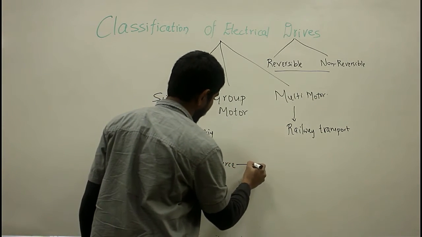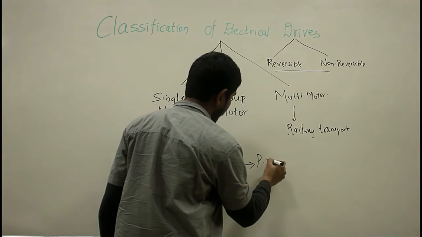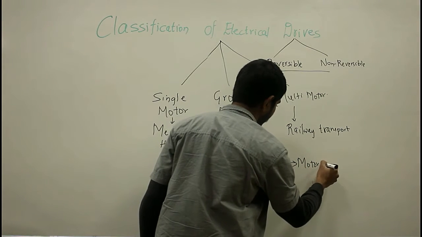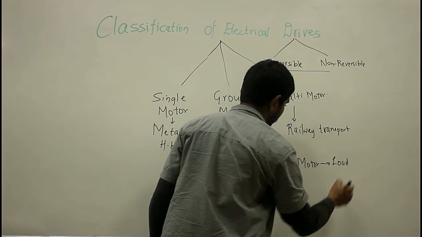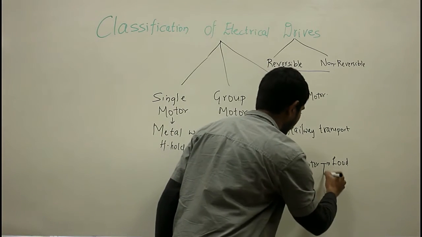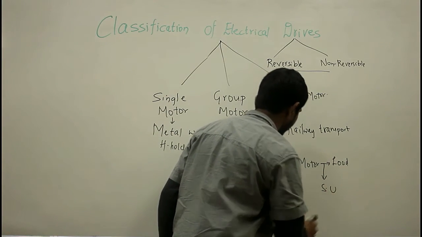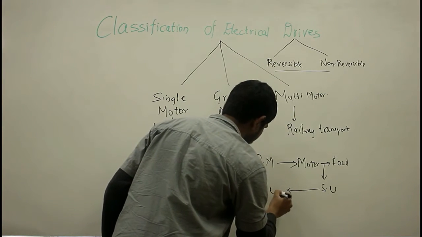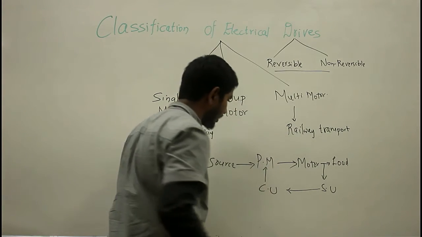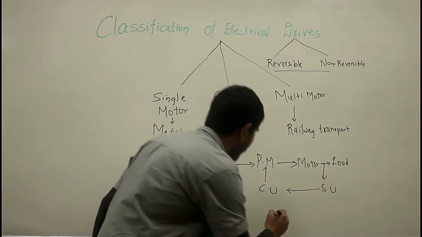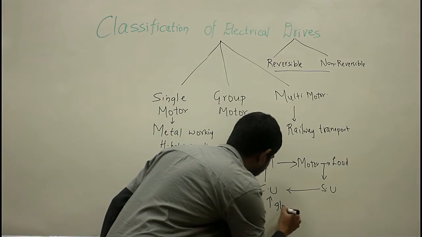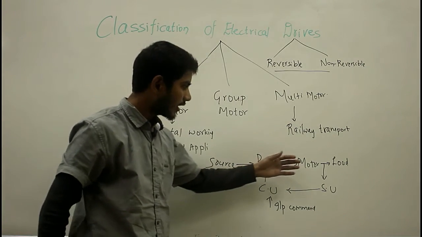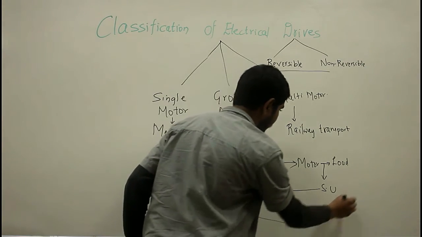From the source, I am having a power modulator, and from the power modulator I am having a motor, and from here I am having a load, and from the motor output I am having a sensing unit, and this sensing unit is going to the control unit, and from the control unit I am controlling my power modulator, and here I am having an input command. So this is a very basic block diagram for the electrical drive system.